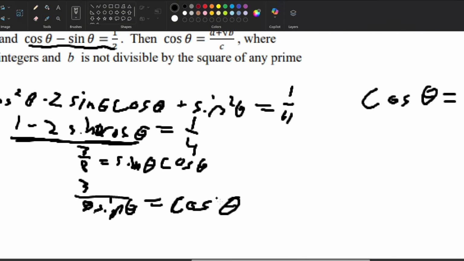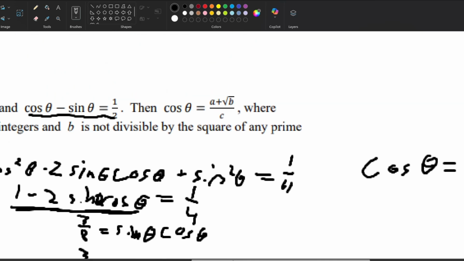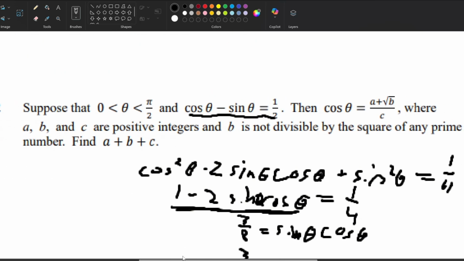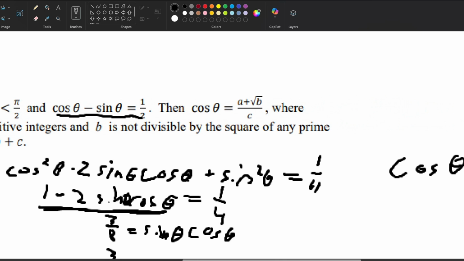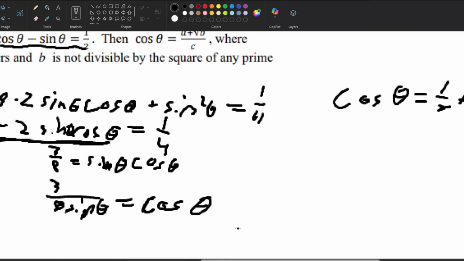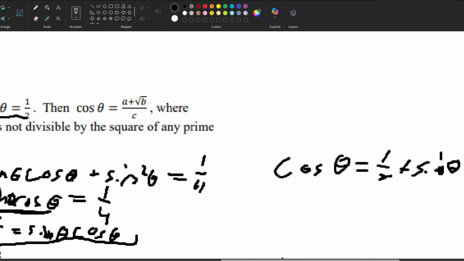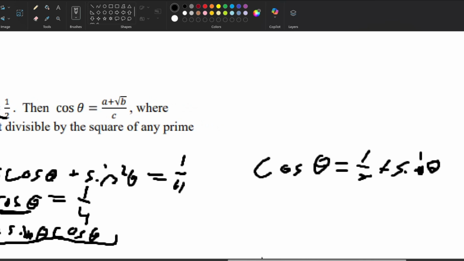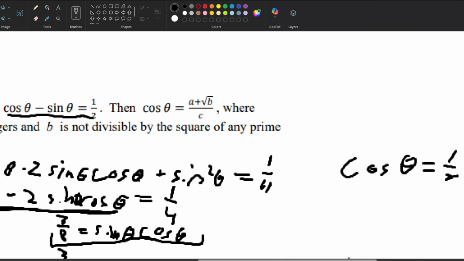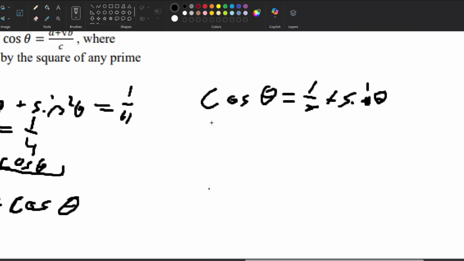So what do I do now? I'll try squaring it.